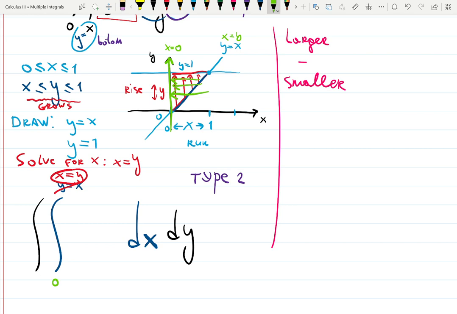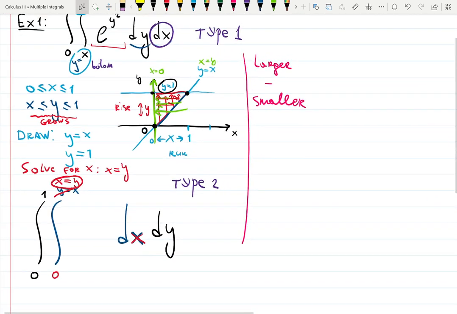So it is going to be 0 at the bottom. X is changing between functions, growing from 0 to the line. That makes sense. Y is fixed between numbers. What numbers? This height, which is 0, that is easy, to this height. To find this height, usually you need to find the point of intersection, but actually this height is given as y equals 1.